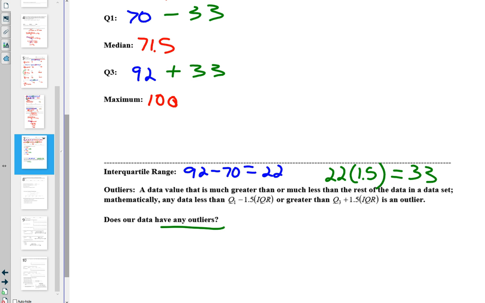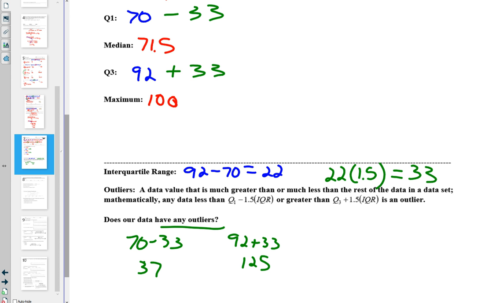92. Now we're going to assume that we don't know what we're measuring here, like, I realize that these are test scores. The highest you could go is 100. But see, what we're looking for here is 70 minus 33 is, what is it, 37? And then 92 plus 33 is 125.